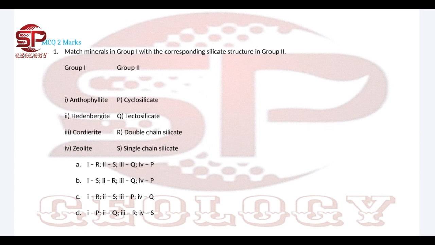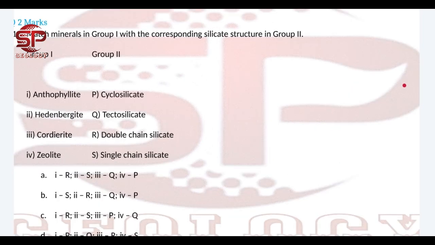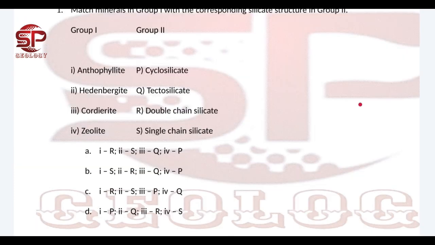Match the group of minerals with corresponding structures. Anthophyllite belongs to the amphibole group, a double chain silicate structure, which has a silicon oxygen ratio of 4:11. Then hedenbergite belongs to pyroxene, a single chain structure, which is 1:3. And cordierite belongs to cyclosilicate.